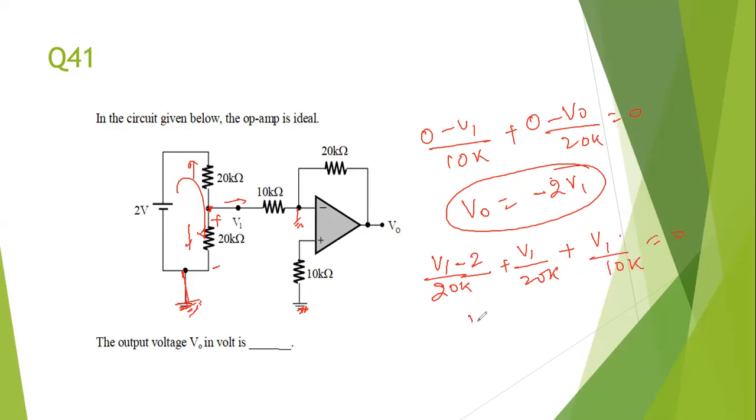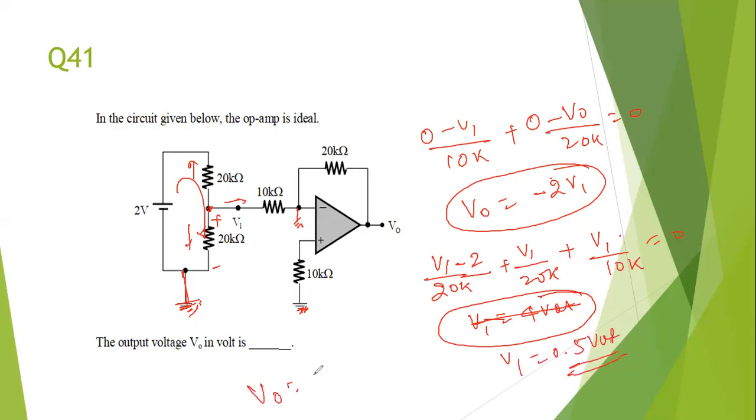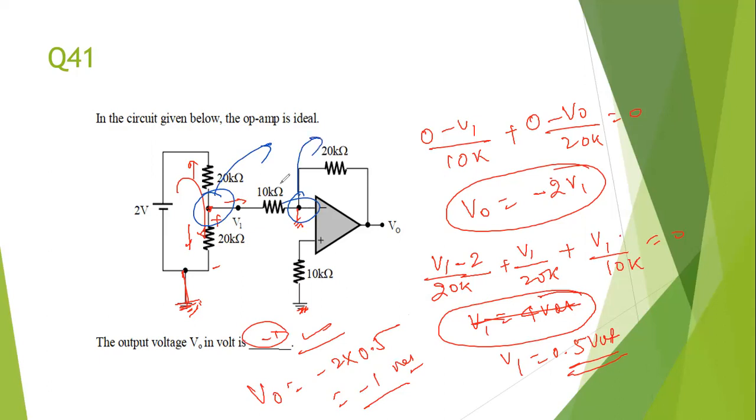So after solving, you will get V1 equal to, sorry, V1 equal to 0.5 volt. So V0 equals what? Minus 2 times 0.5, and this is equal to minus 1 volt. So the answer is minus 1 volt. Basic simple question. Just apply the KCL at this point and at this point, and you will get the output voltage V0.